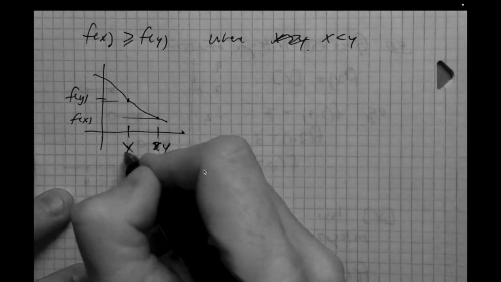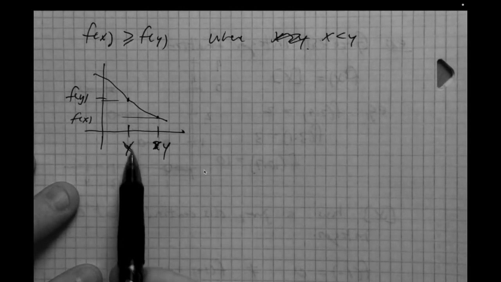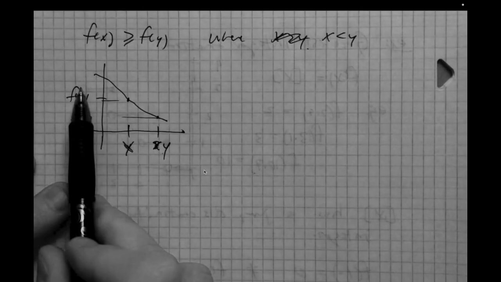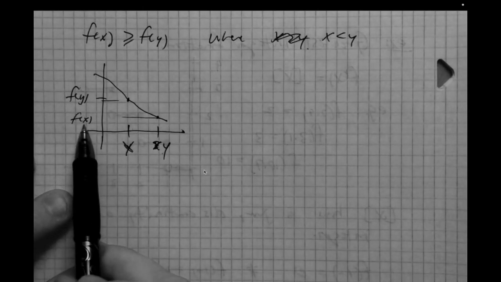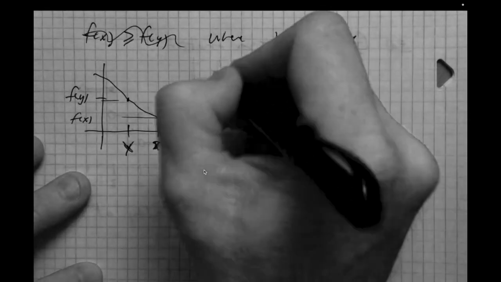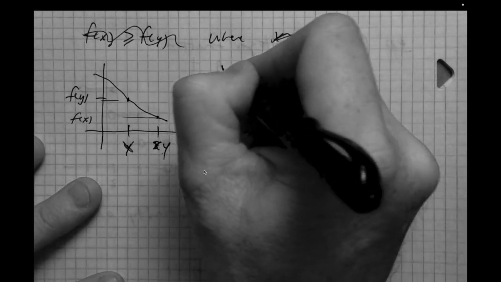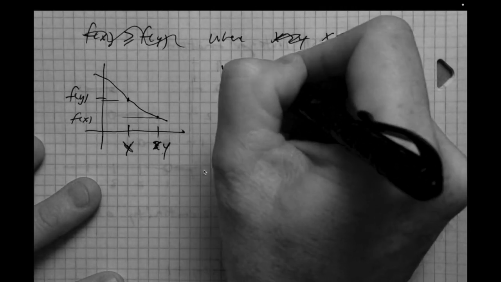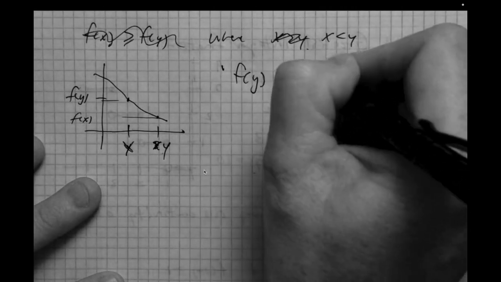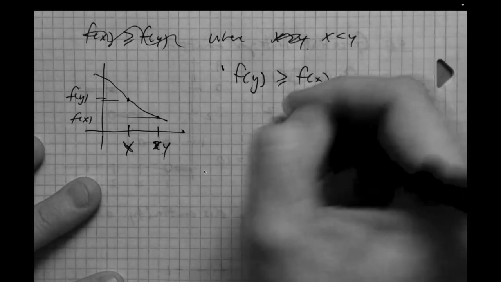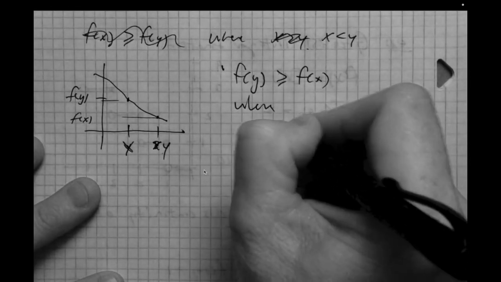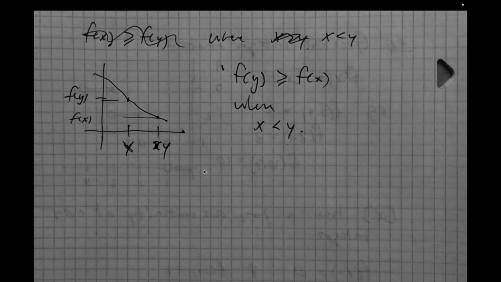If x is less than y, then f of y needs to be less than or equal to f of x. So here we'll say f of y is greater than or equal to f of x, where x is less than y. It's just the reverse. One of the inequalities flips, the other one doesn't. So let's keep x and y organized as we have them.